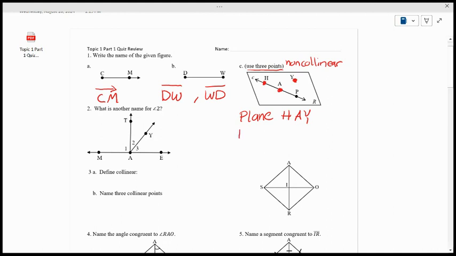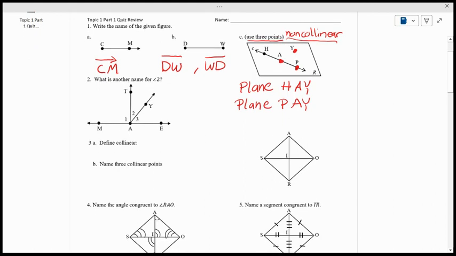Another option would be plane, say if I started all over, let's say I started at the bottom, P, A, Y. There's a lot of different answers there. I can't go through all of them. But again, just 3 non-collinear points.